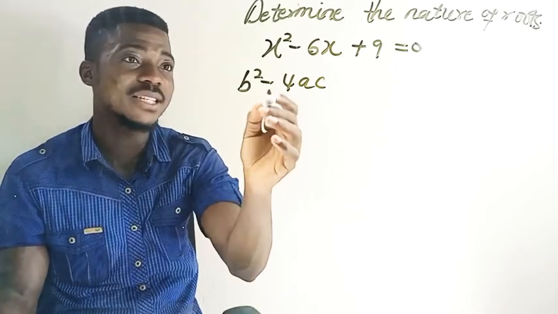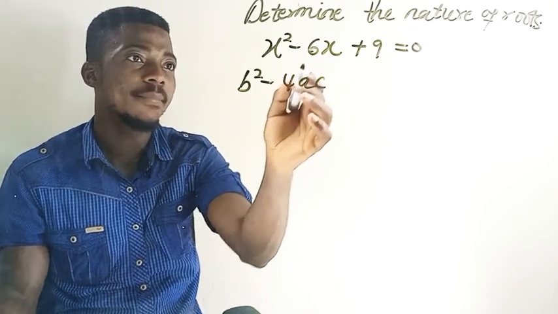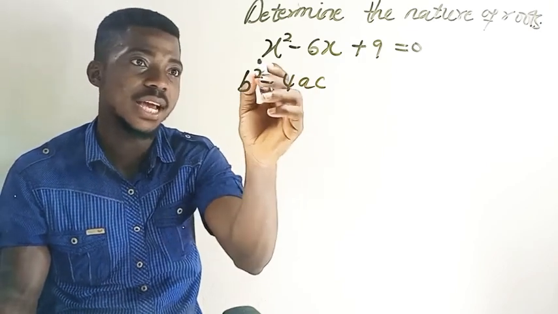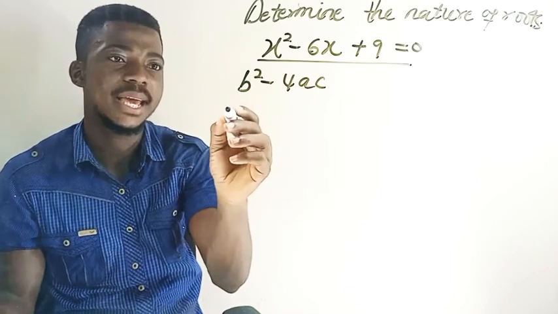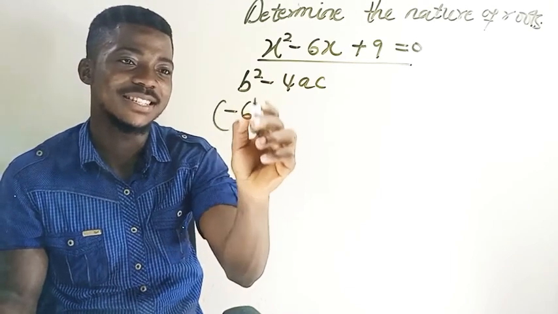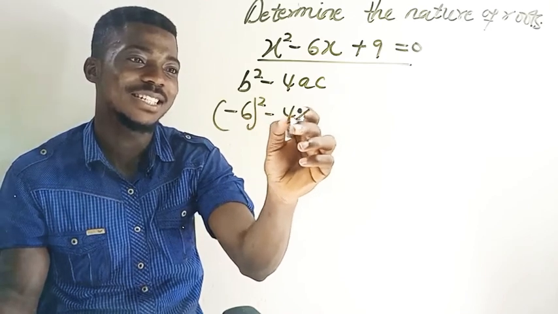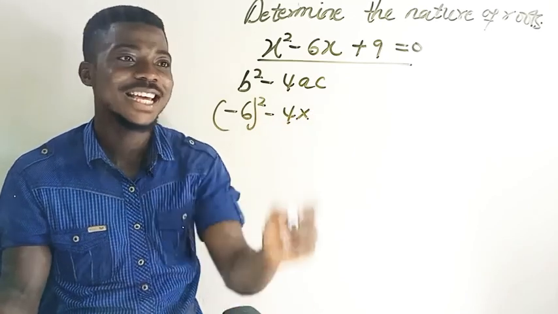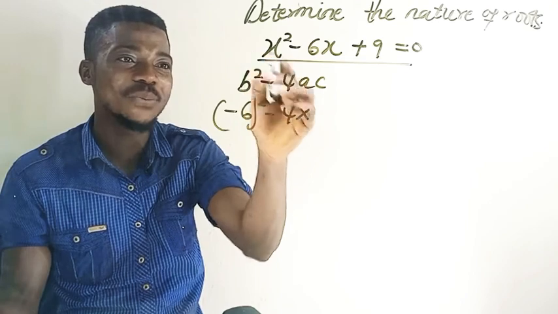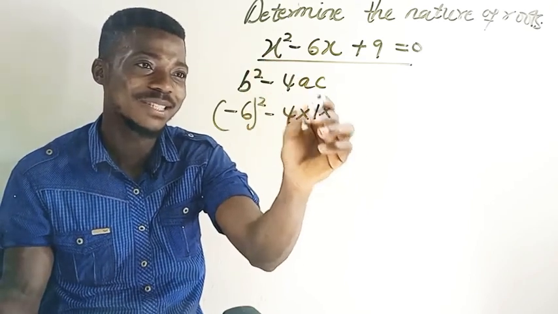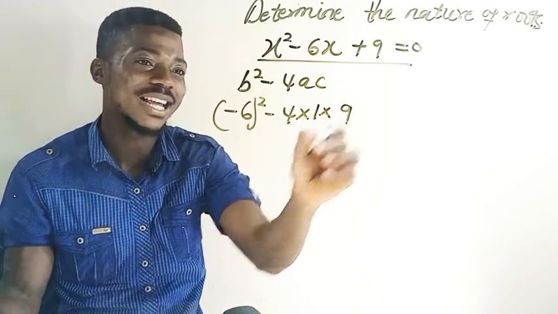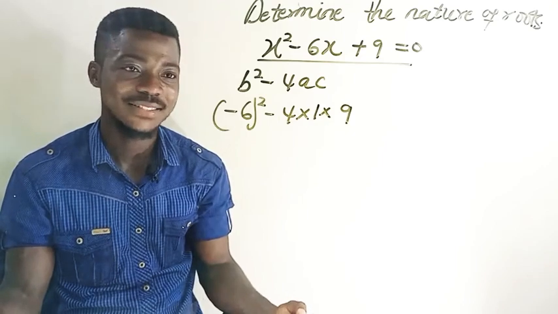So here, b is negative 6 in this question, minus 4. Now a in this equation is 1, times c. c in this equation is 9. Great.